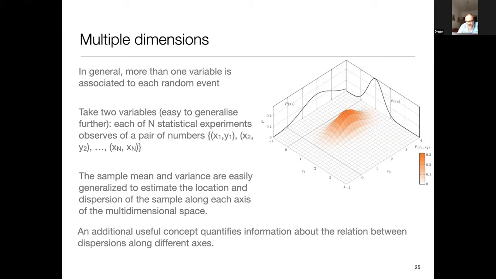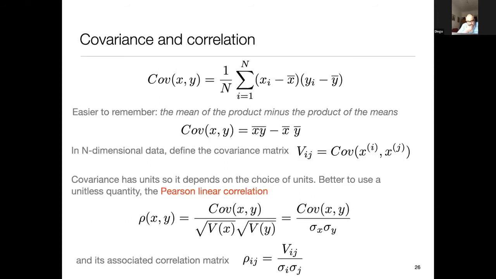However, here you add an additional useful concept that quantifies the relation between the different quantities on each axis, which is the correlation. The correlation is calculated from the covariance, and the covariance is shown here: the mean of the product minus the product of the means. And it can be generalized to many dimensions, of course.